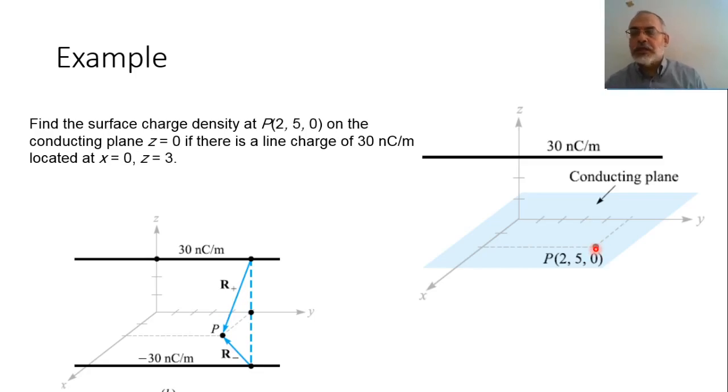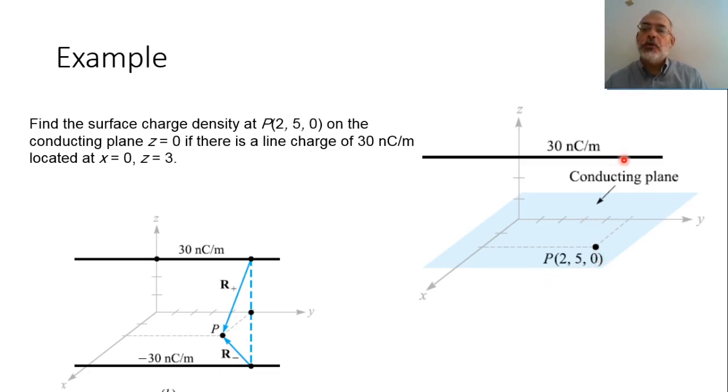So we are talking about finding the normal electric flux density at the point P with respect to the xy plane, so D_z at the point P. Okay?